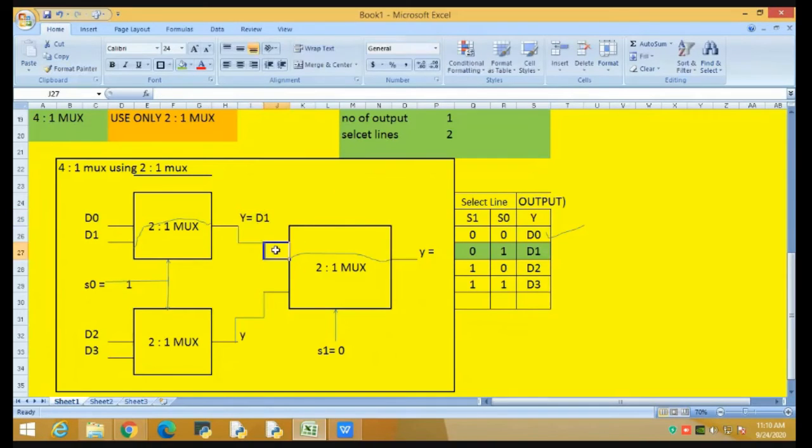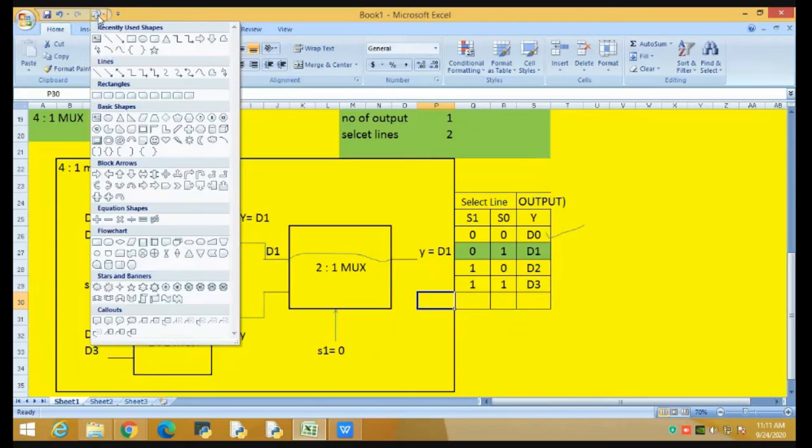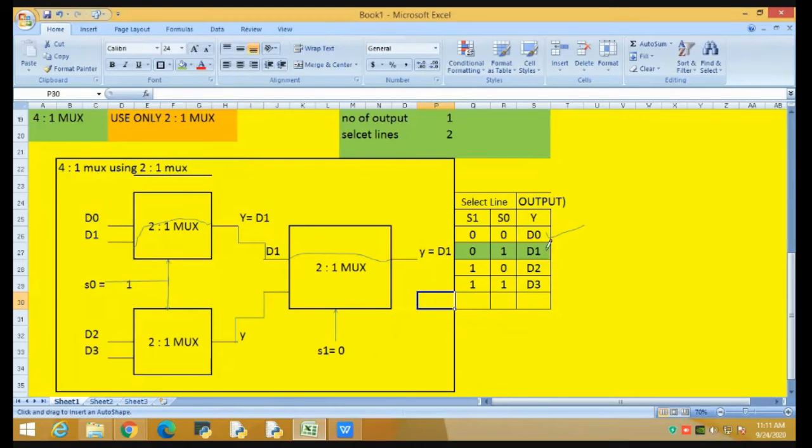This D1 comes here, and because S1 equal to 0, this D1 goes to Y. So my second truth table row is also satisfied.